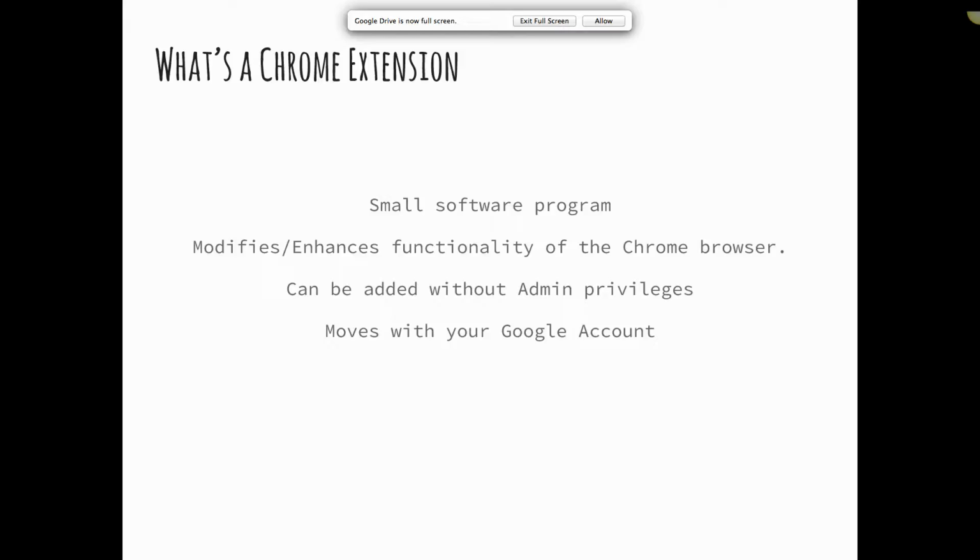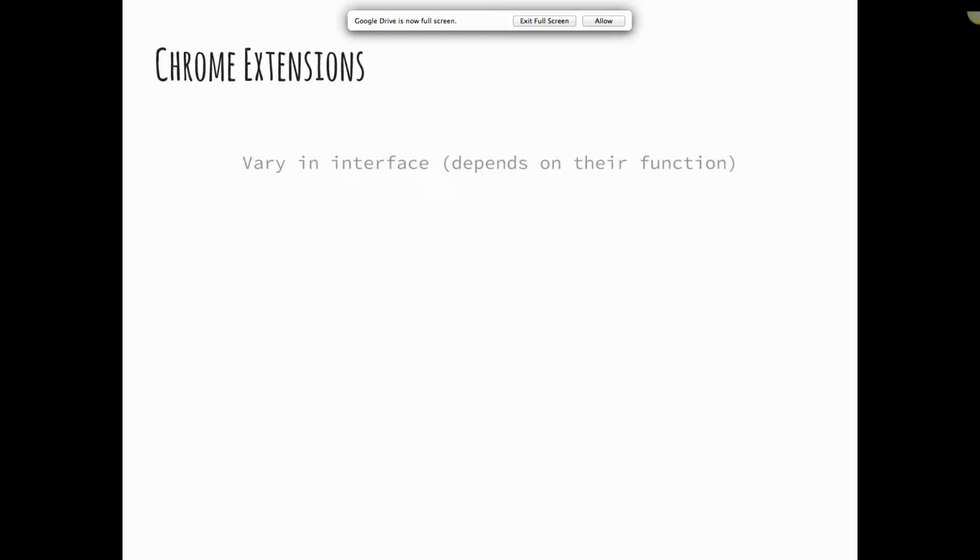You can't download new software, you can't download updates. Everything that's downloaded is actually handled by Jason most of the time. But Chrome extensions, because they're tied to your account, not necessarily downloaded to your computer per se, you can actually add them yourself, which is kind of cool. It gives you a little bit of control that you don't have with other things on your computer. And as I said, it moves with your Google account.